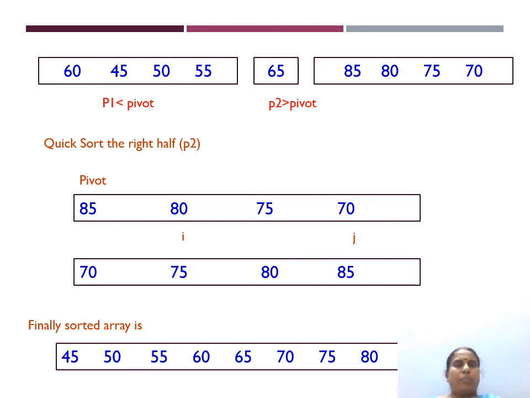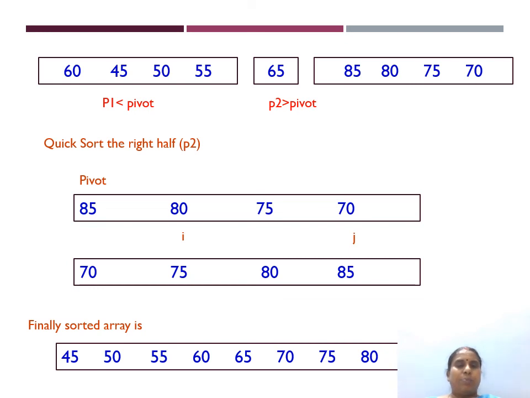Every time, the i pointer value will be compared with the pivot. If it is smaller, it will be incremented. If it is not smaller, the i pointer will not move forward and will stop there itself.